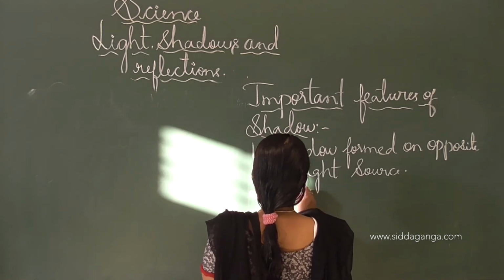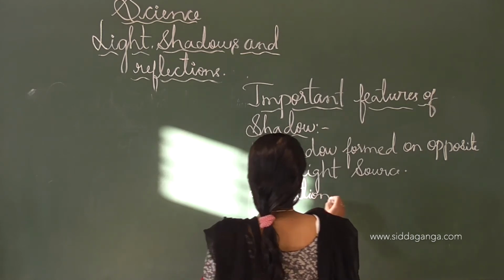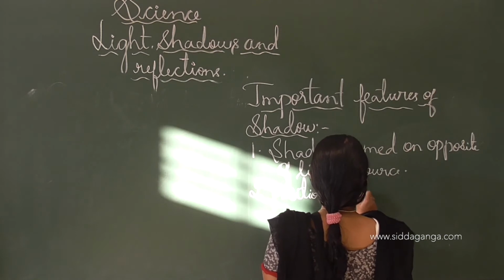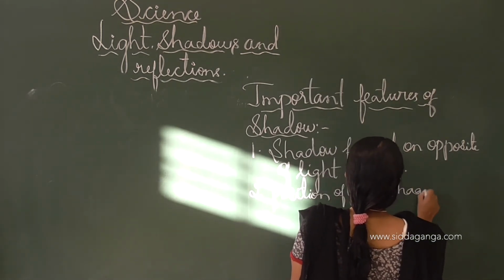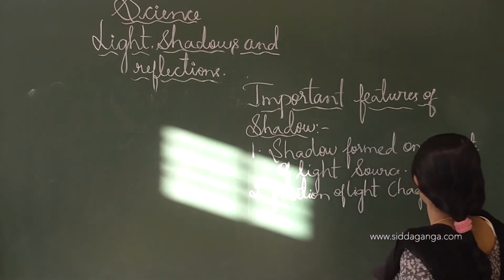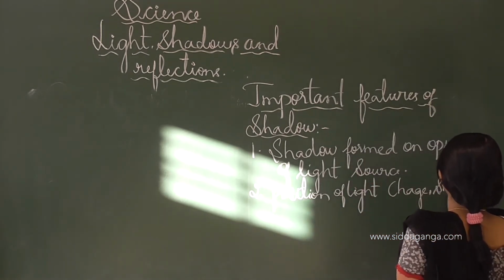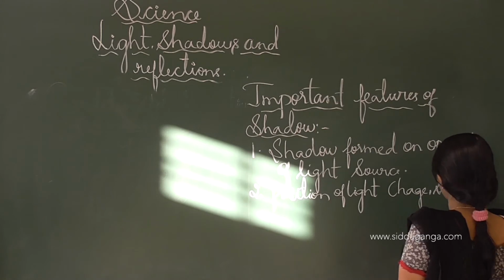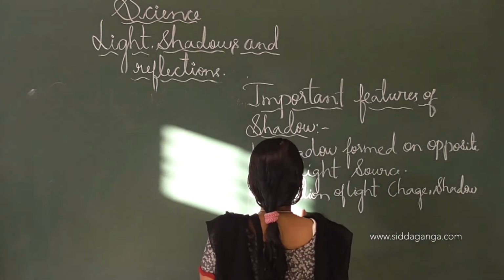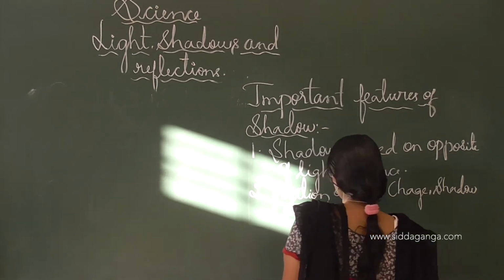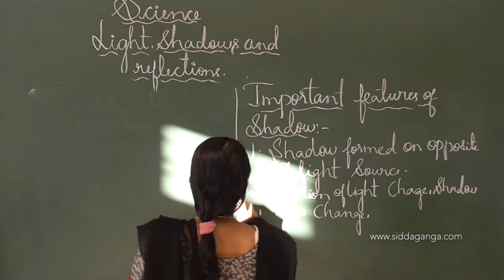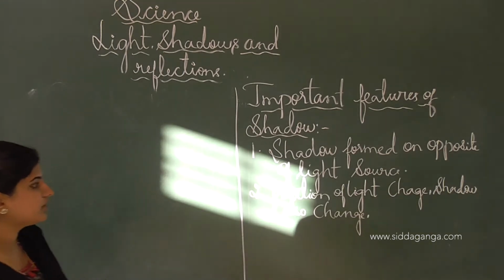If the position of the source of light changes, simultaneously the shadow also changes. This is the second important feature.